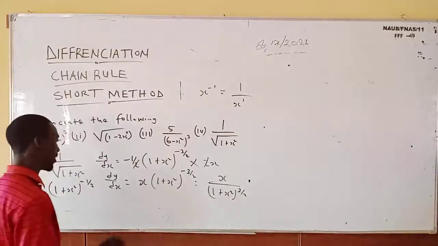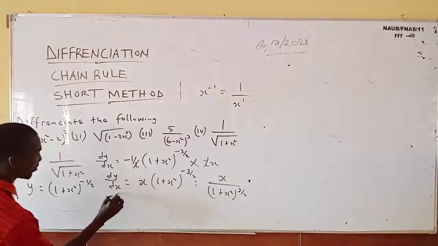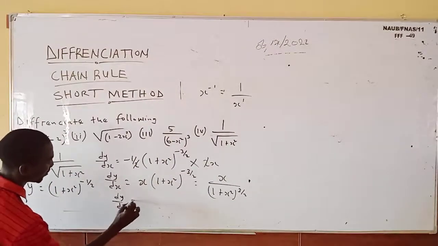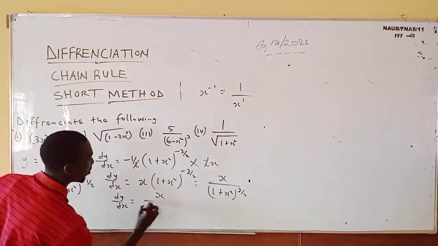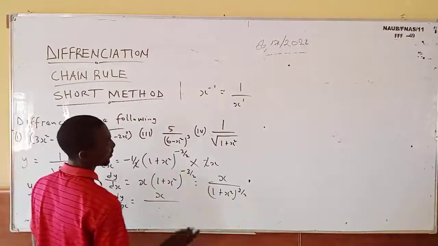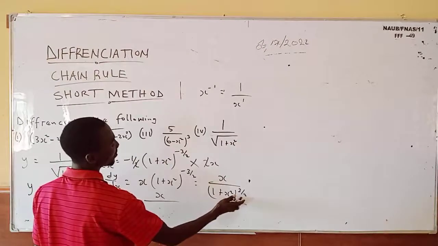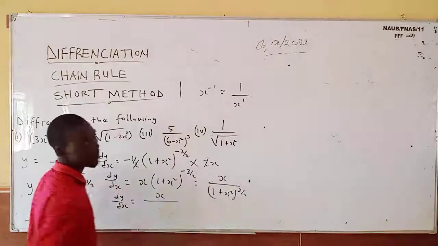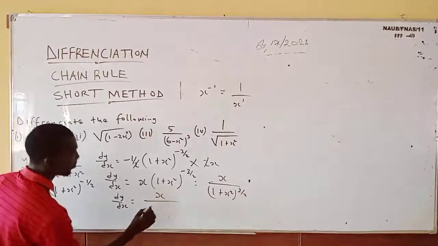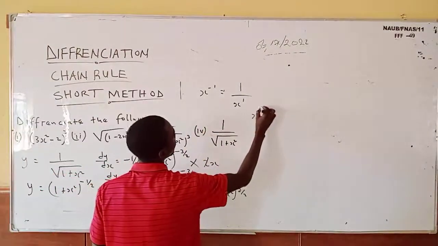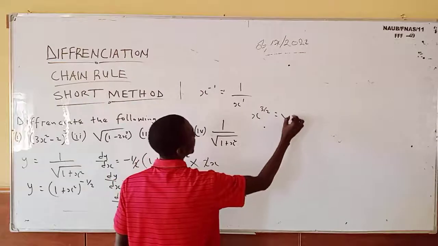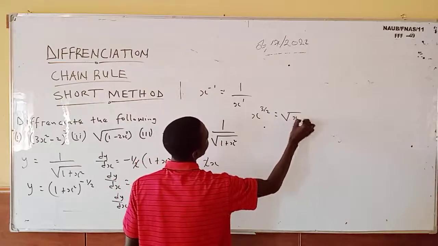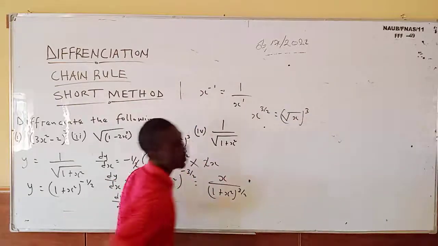Now, is there another thing that we can do? Yes. We can say that dy over ds is equal to s all over. Now, I know that what is here is the same thing as square root of this, everything to the power of 3. So because from indices, s to the power of 3 over 2 is nothing but square root of s all to the power of 3.